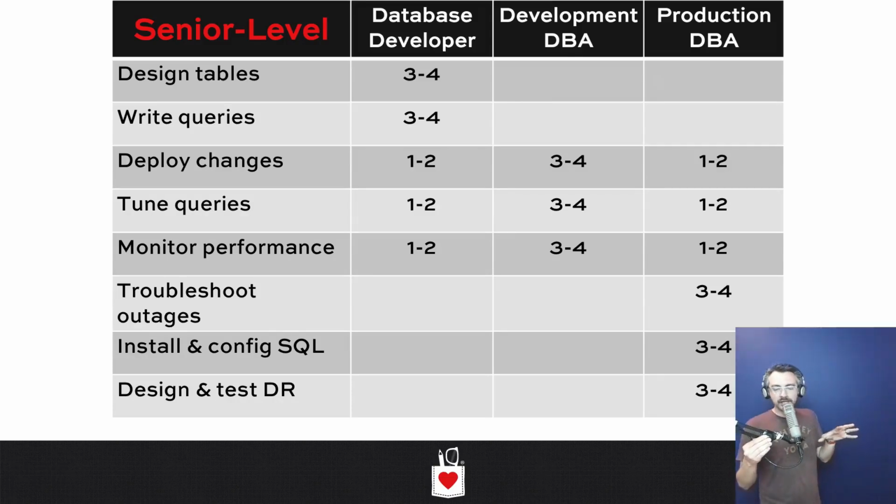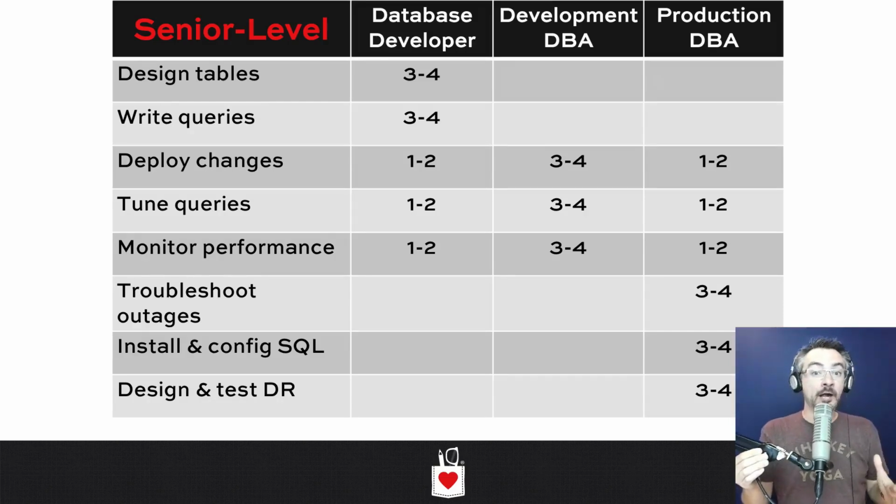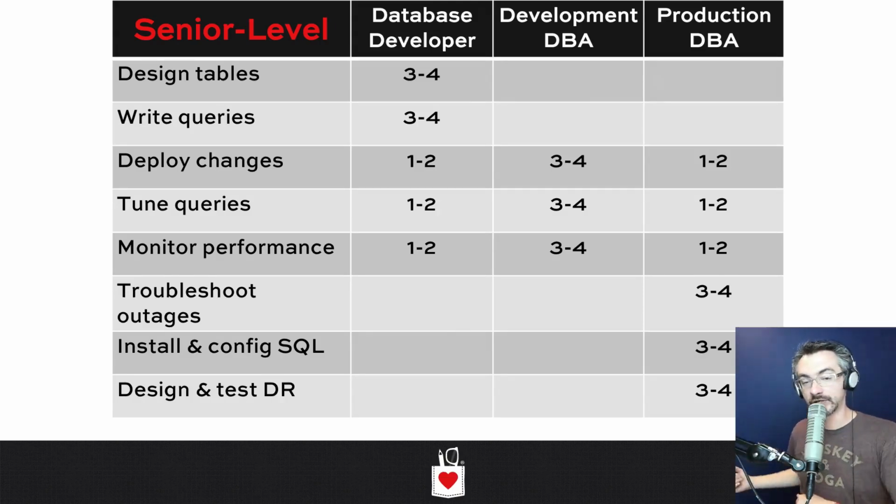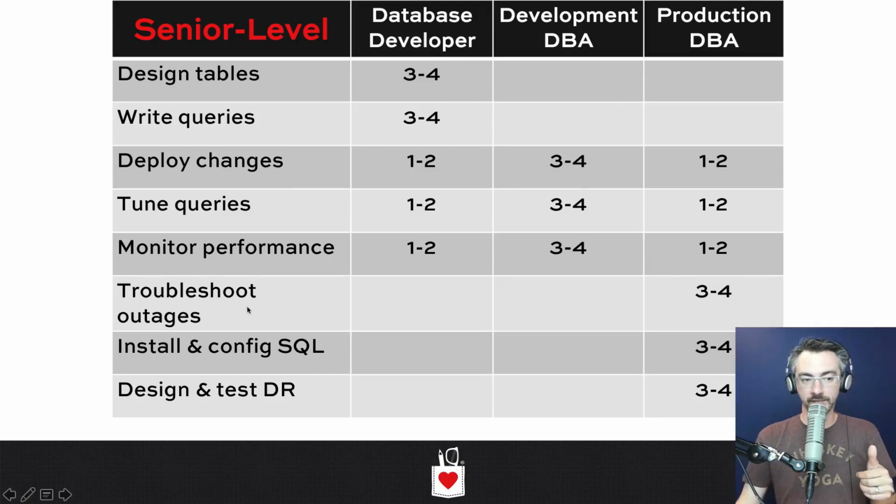And it's hard to think of that because I know a lot of us pride ourselves on knowing everything in the entire stack. Would I love it if a senior production DBA understood different types of joins, for example? Yeah. But I don't think you need to know that every day in order to be a great senior production DBA. What I might rather have them do is specialize and go deeper in the last 3 columns down here.